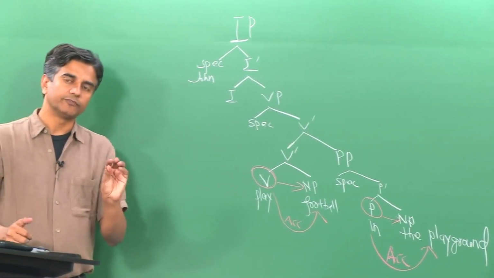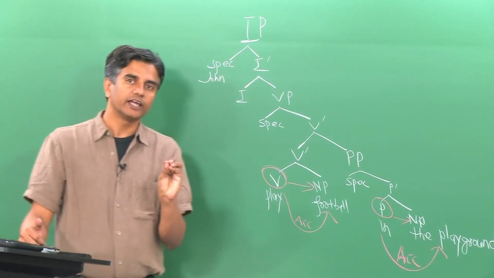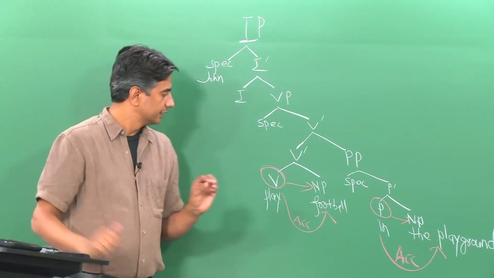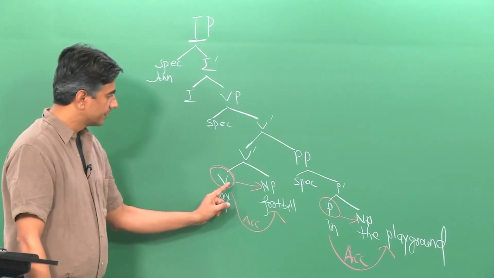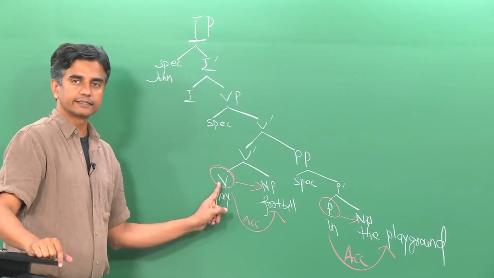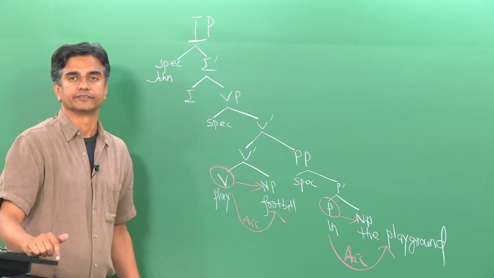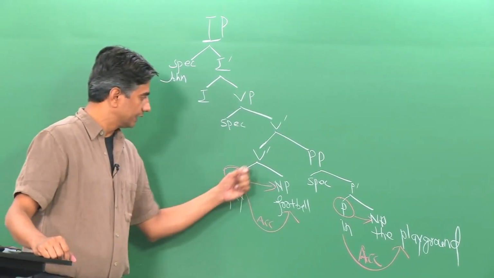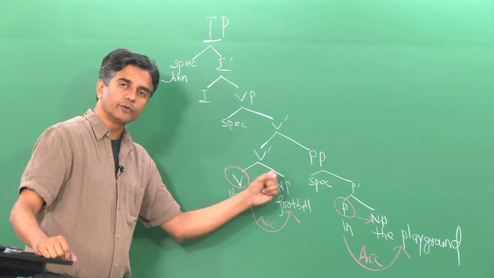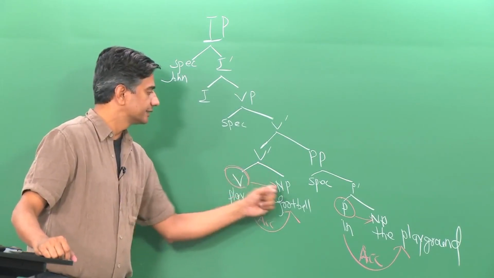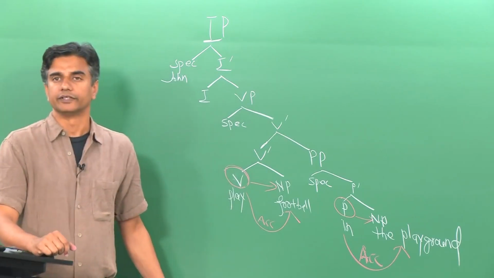Very briefly, in a rudimentary way, we can also simply say that heads govern their complements, because in a more elaborated way, we actually say heads C command their complement.